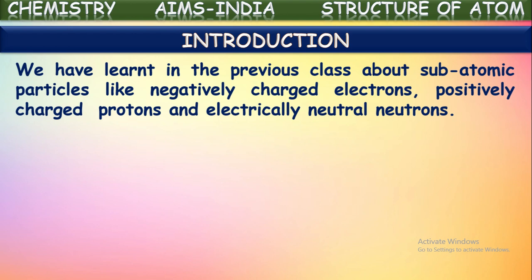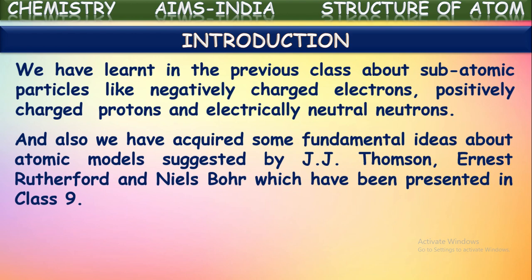Not only that, we have also acquired some fundamental ideas about atomic models which were suggested by different scientists, for example, J. J. Thomson's watermelon model and Ernest Rutherford's planetary model of atom. We have studied it, and even Niels Bohr's, which have been presented in class 9.